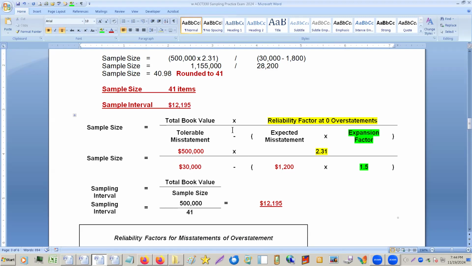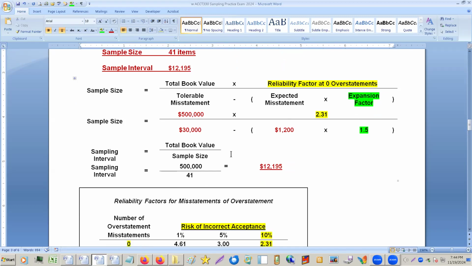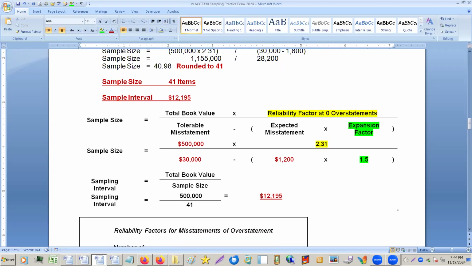The second one would be 24,370, something like that. And you just keep going every 12,000. This is what you're going to use to pick your sample, every $12,185 worth.